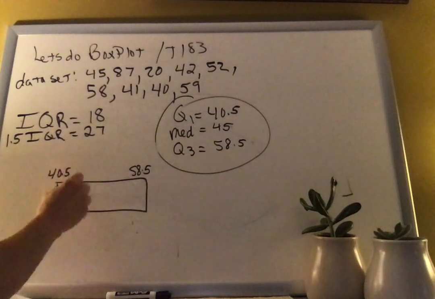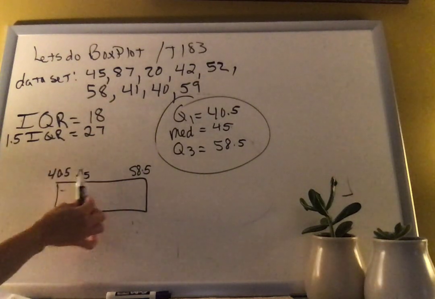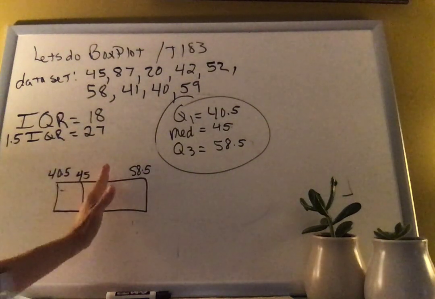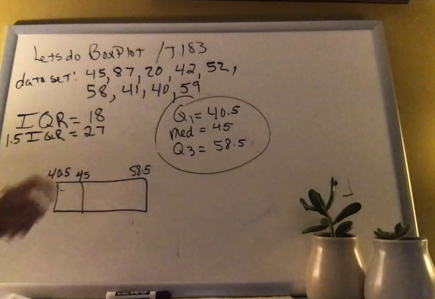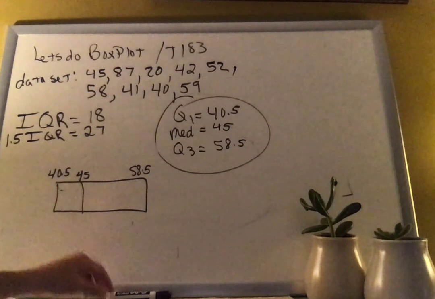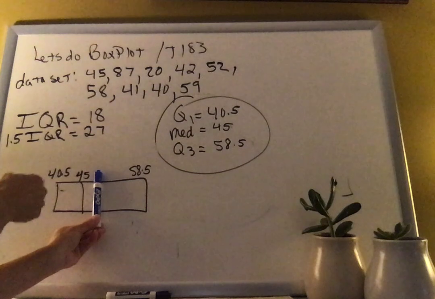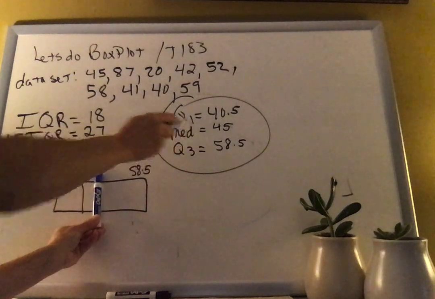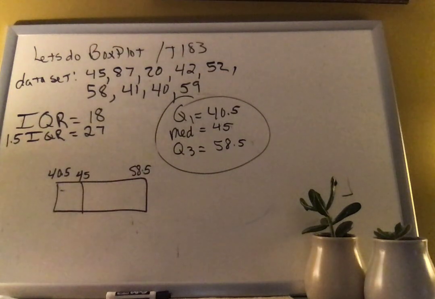I can tell that 45 is going to be to the left of center. How do you know what the center is? I'll remind you. You can take the average of 58.5 plus 40.5 divided by 2. 49.5 would be the exact middle. So yes, 45, when I'm trying to write for this box plot, is of course to the left. Okay, so I got those 3 pieces.